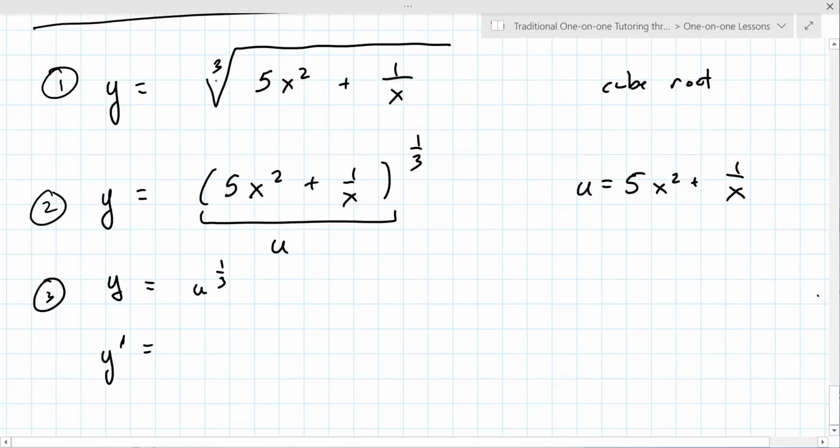Oh, so you remove the cube root? Yes, and that's why it becomes 1/3. Okay, that's the u. The u is everything underneath.